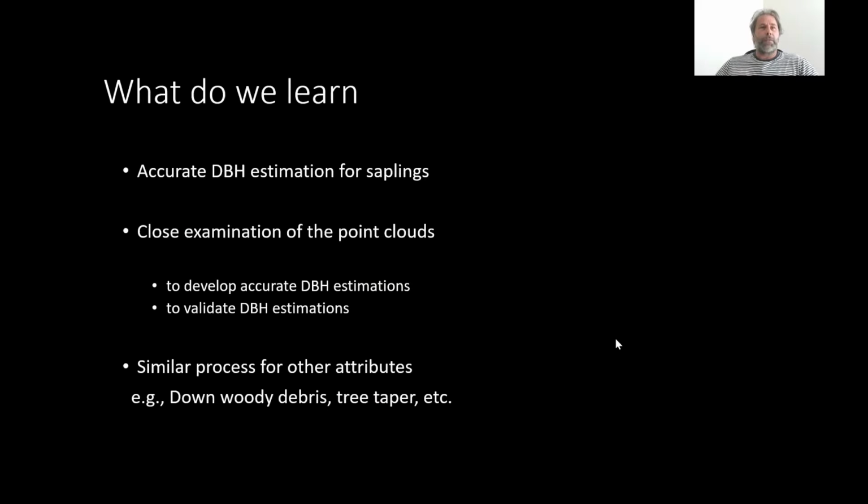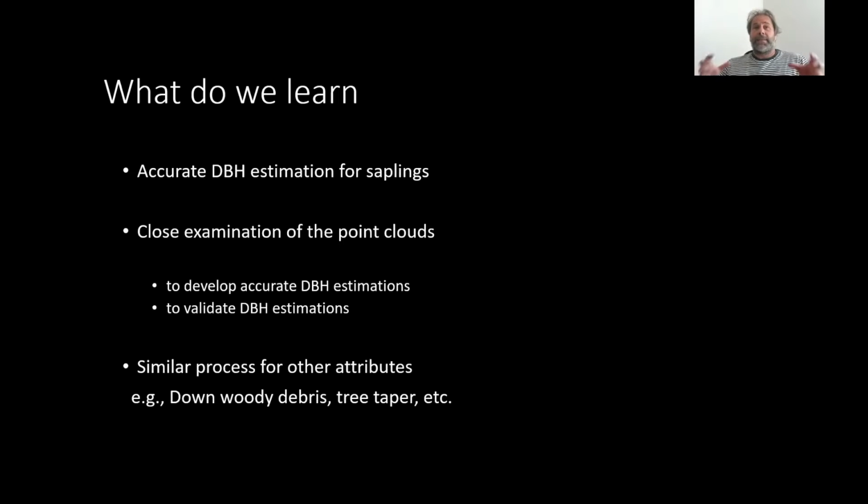So what do we learn from all that? We learned that we can get very accurate DBH estimations for saplings. But we also learned that that method was only possible to develop because we went through a close examination of the point clouds.